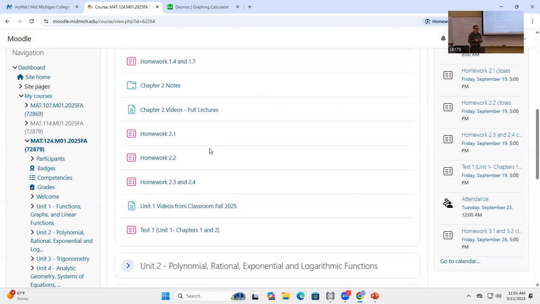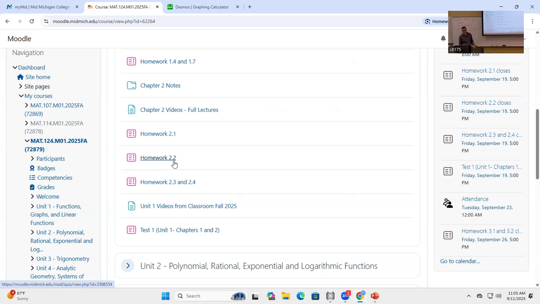So right now, we're actually all the way through 2.2. I knew chapter 2 usually goes pretty quickly, and that's planned.